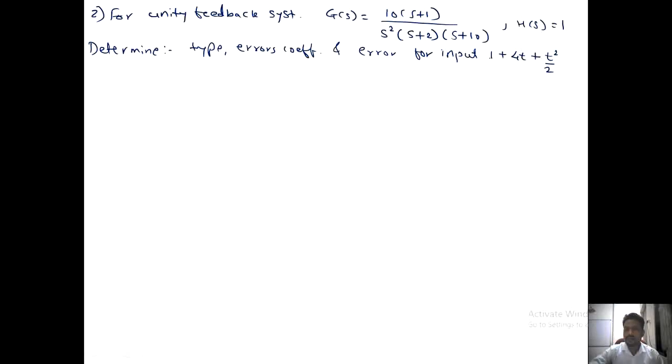It is a combined form of input in which step type, ramp type as well as parabolic type of input is given. So let us start the solution.